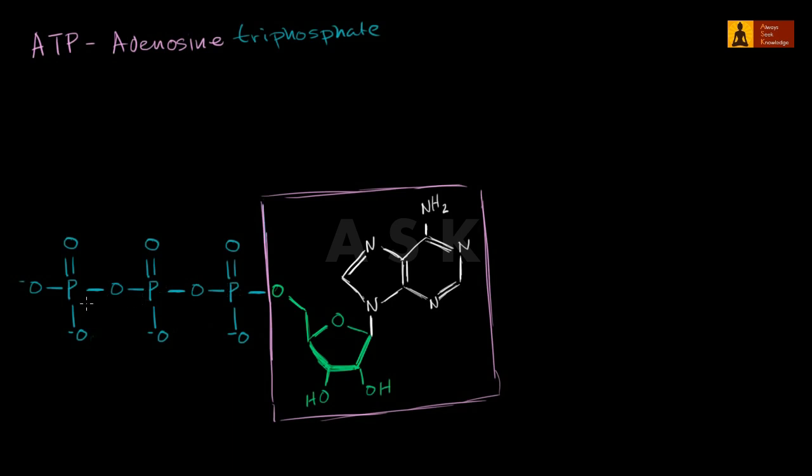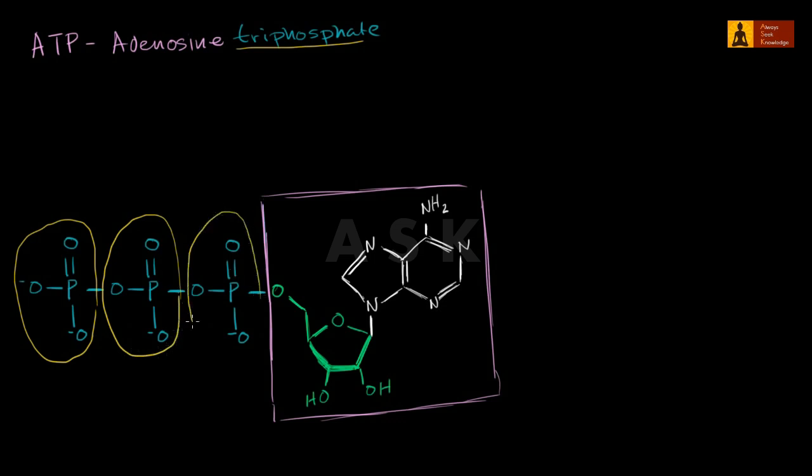And then you have three phosphoryl groups, and when they break off, they can turn into a phosphate. So the triphosphate part has one phosphoryl group, two phosphoryl groups, and three phosphoryl groups.